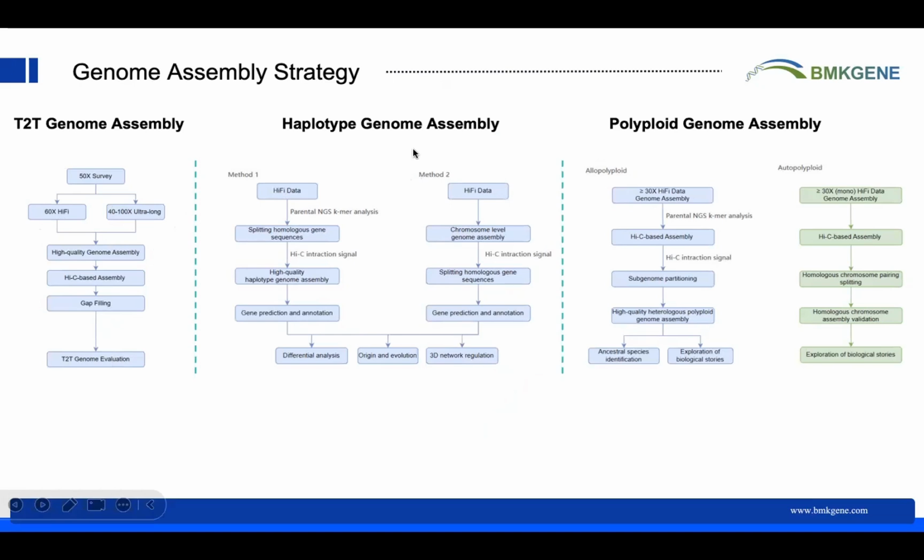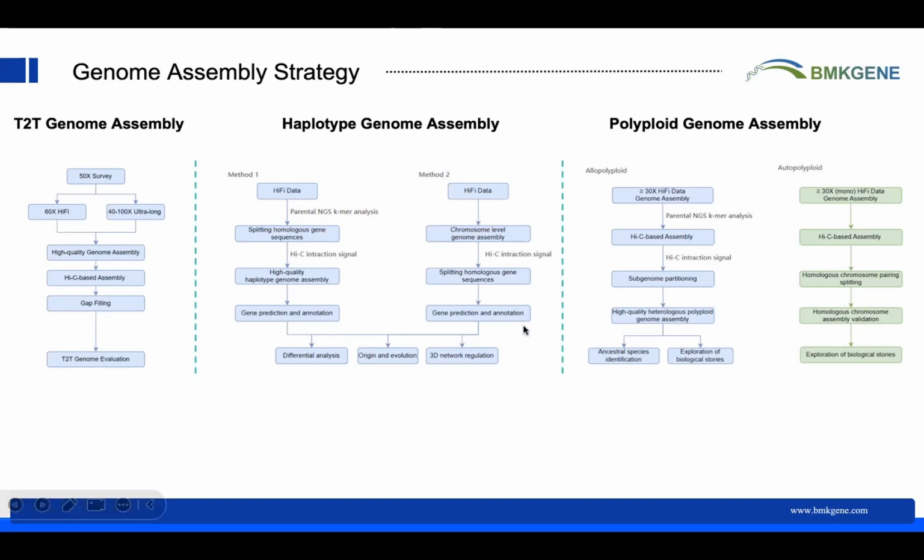And for the haplotype genome assembly, we have two methods. If you can get the parental information, or parental and WGS data, we can use this method: first using the parental data to do the splitting of homologous gene sequences, and then use the Hi-C interaction signals to assemble into high quality haplotype genome assemblies, and then do the gene prediction and annotations.